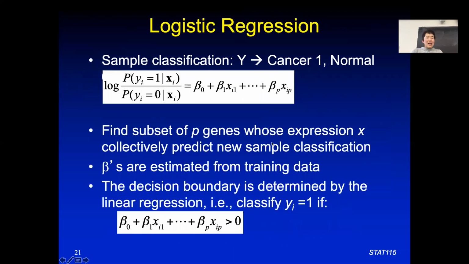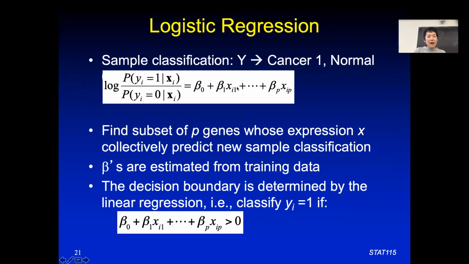And so you probably don't want to use all of the genes to estimate the parameters, because that would be too many parameters. Very often when we ask people to train a classifier, we have 20,000 genes on this array. And very often you're lucky to have, say, a few hundred patients for cancer versus normal to train the classifier for predicting the new patient.